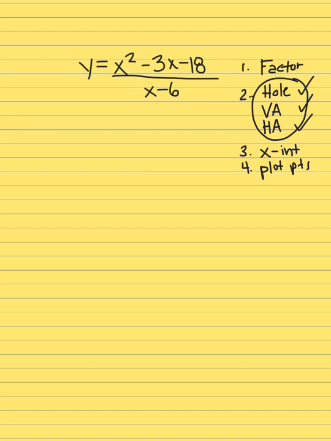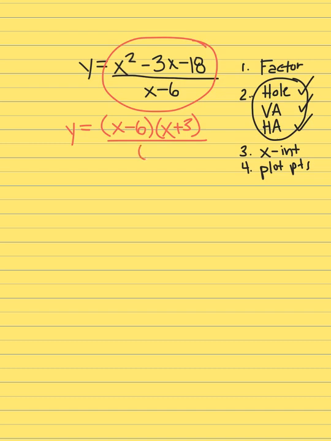So if I'm doing this one right here, I'm going to factor the numerator, so it's going to be (x minus 6)(x plus 3) divided by (x minus 6). First I'm going to find the hole. A hole is when you have a common factor on the top and on the bottom.